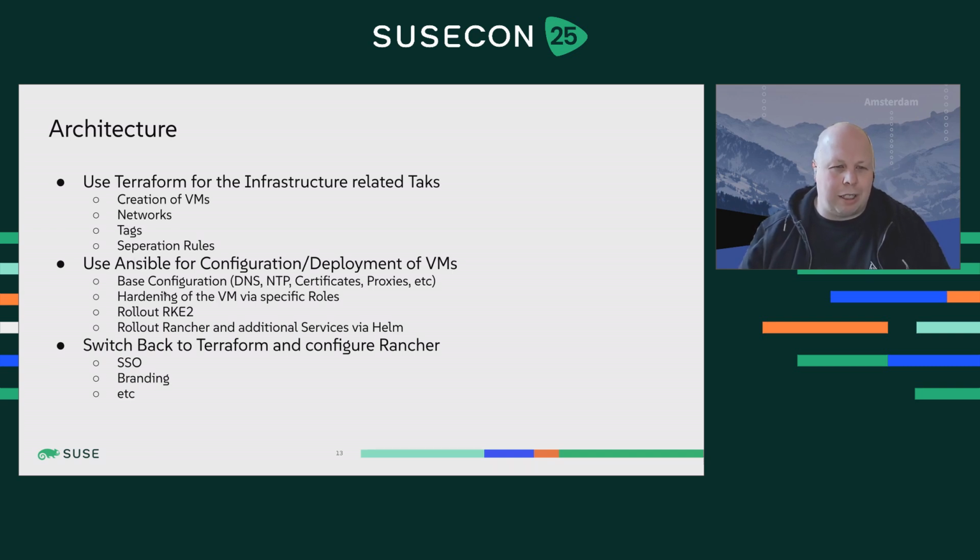So we use Ansible then for the base configuration, like DNS, NTP, certificates, proxies, all that stuff that are important in an enterprise environment. Also, the hardening of the VM with specific roles for Ubuntu, for Red Hat Linux, or for other derivatives of Linux.